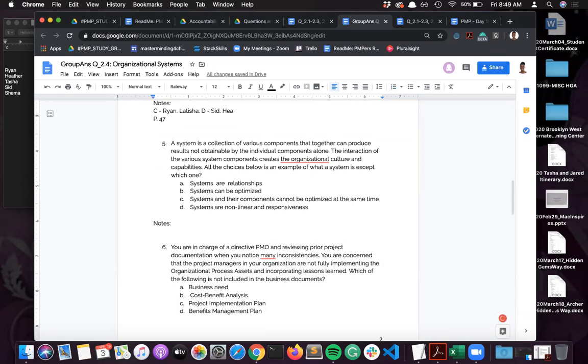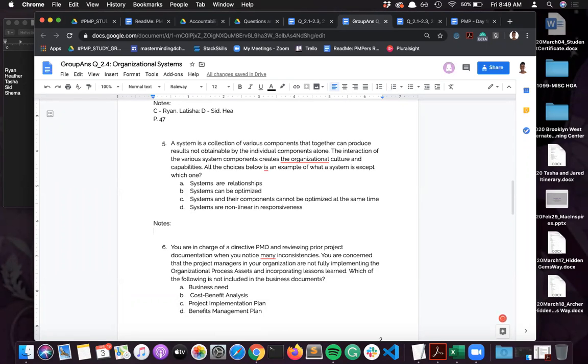A, systems are relationships. B, systems can be optimized. C, systems and their components cannot be optimized at the same time. D, systems are nonlinear and responsiveness.